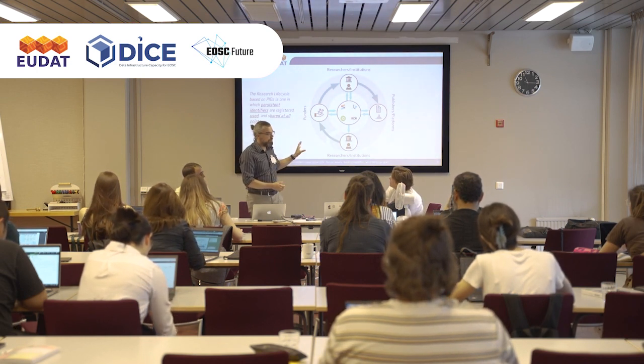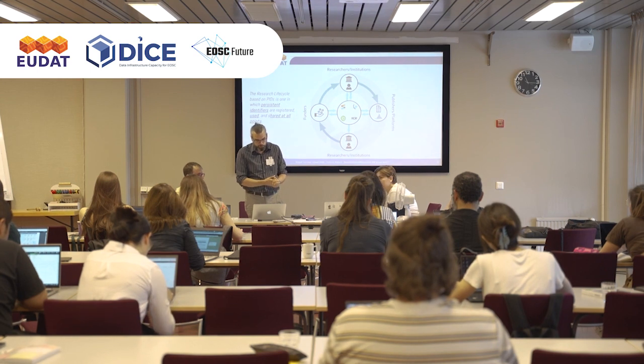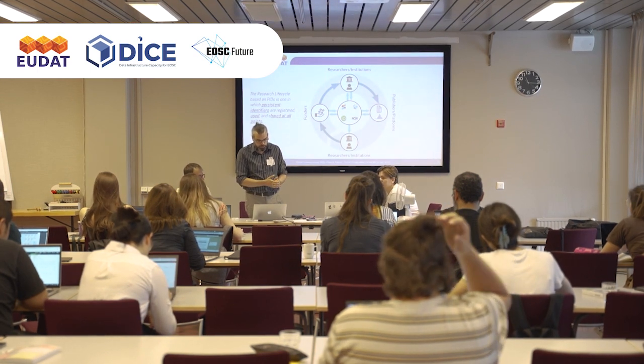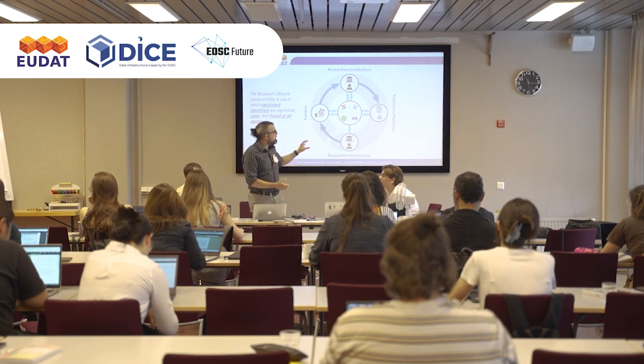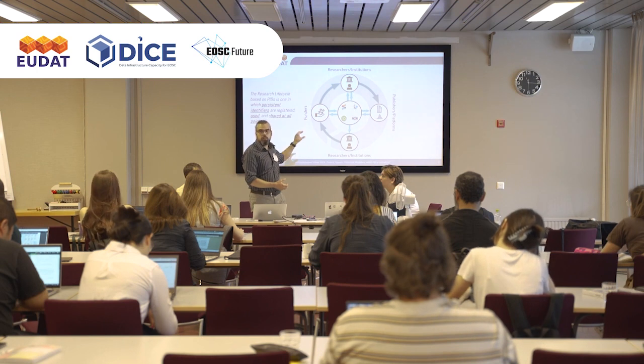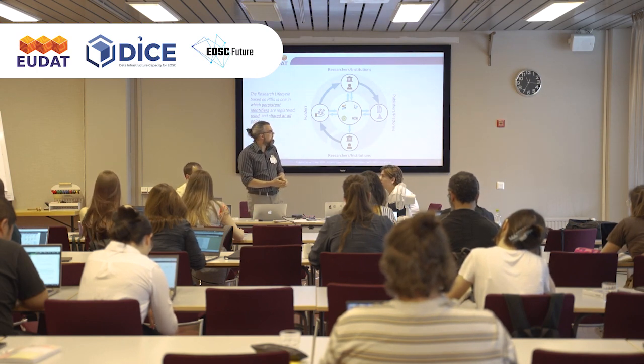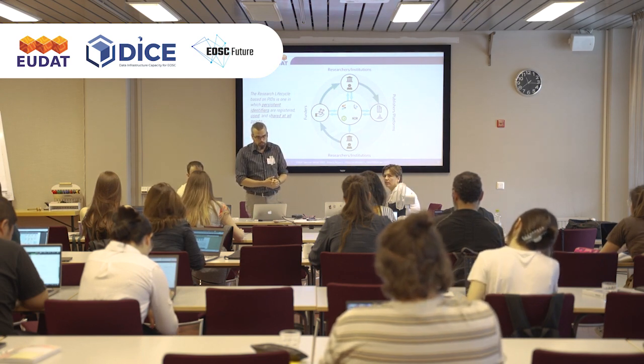This is a very generic figure of the research lifecycle. What I would like to mention here is that ideally persistent identifiers are used in each phase of the research lifecycle, and ideally these persistent identifiers are shared in every phase of the research lifecycle.